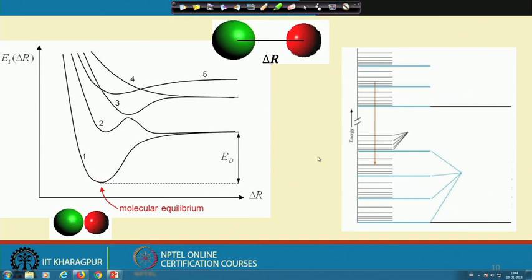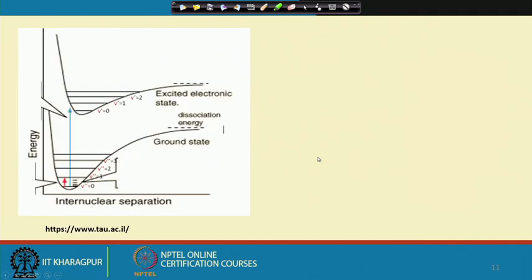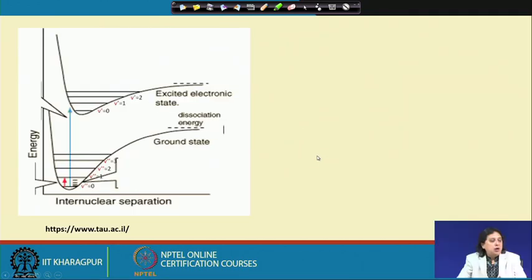And once we understand this, let us next go and try and understand what are the typical energy values, the difference in energy values as I go from the ground electronic state to the excited electronic state. You will find that there are three types of energy scales involved.